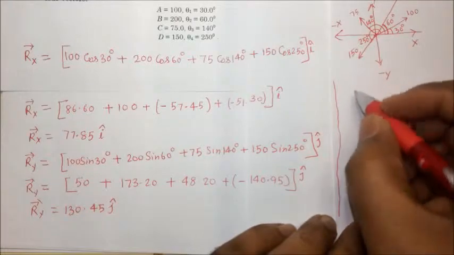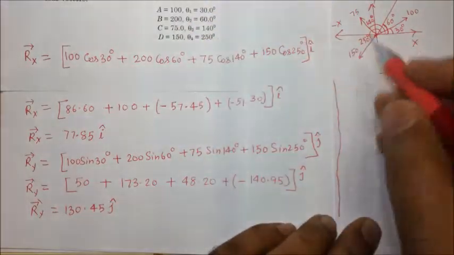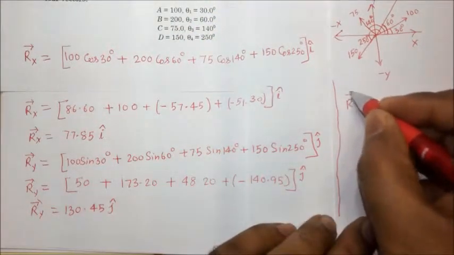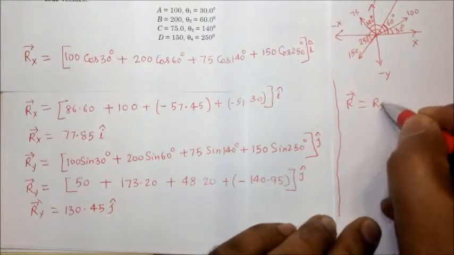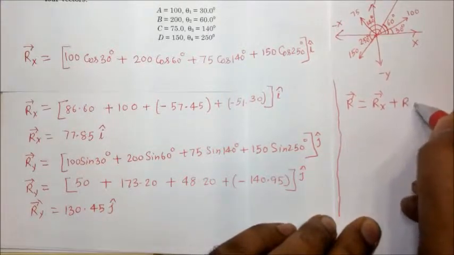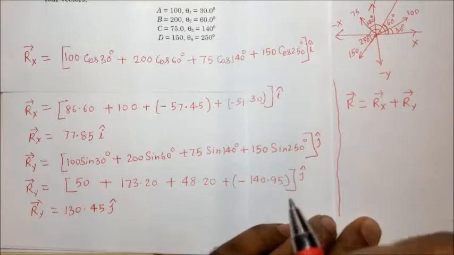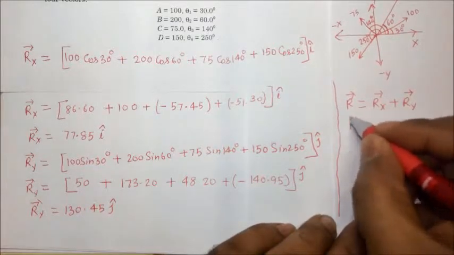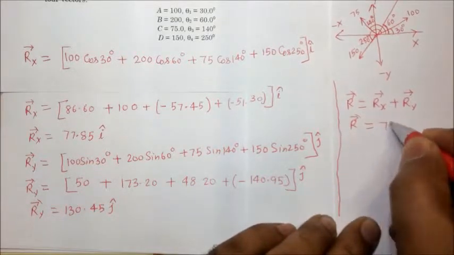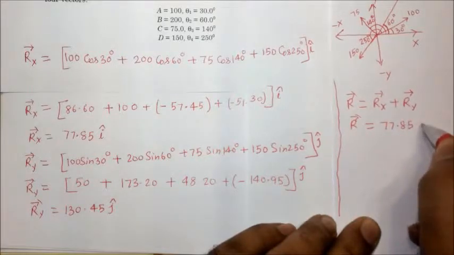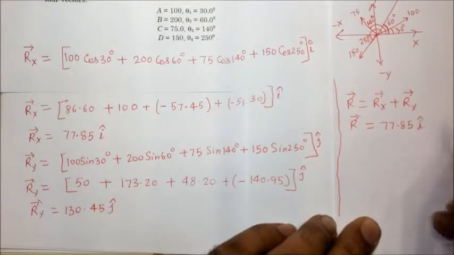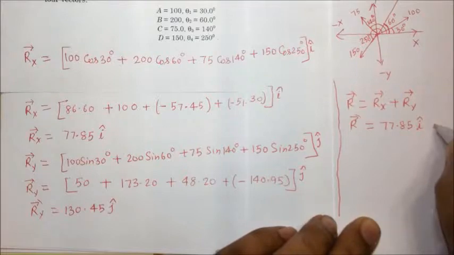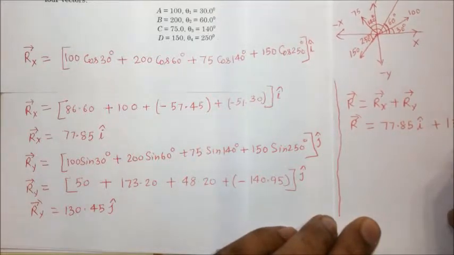So the resultant of all vectors R is vector Rx plus vector Ry. And this vector R is going to be 77.85 I cap plus 130.45 j cap.